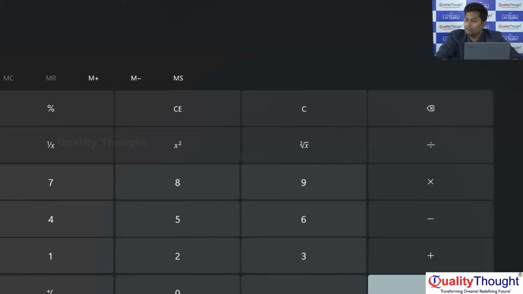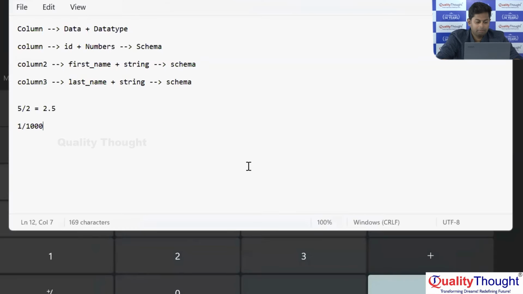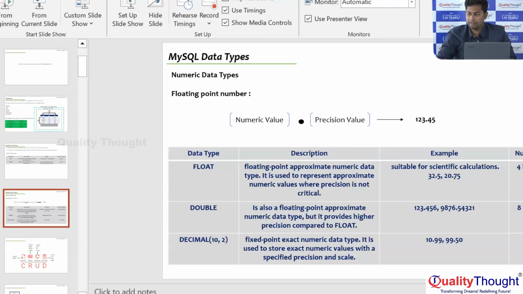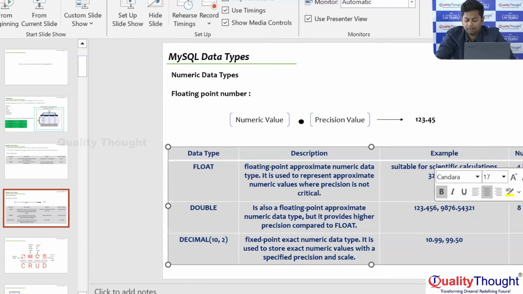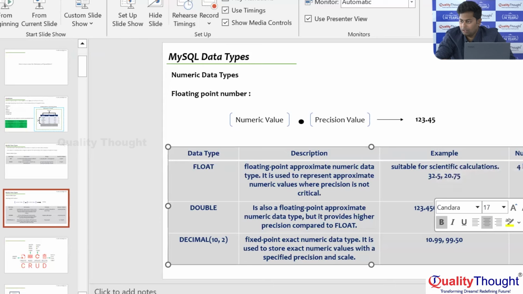And how many numeric values am I trying to store? 10 numeric values. So this data type is absolutely critical and most widely used to store precision values. When you look at storage, how many bytes is it going to take? Float takes exactly 4 bytes, double takes exactly 8 bytes. But when it comes to decimal, it could be anything in between 4 to 8 bytes.